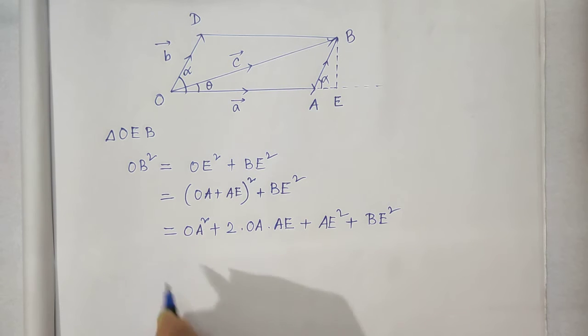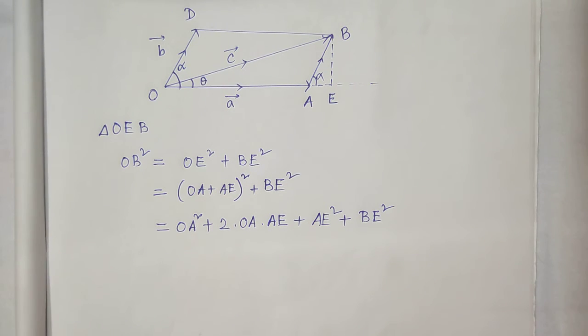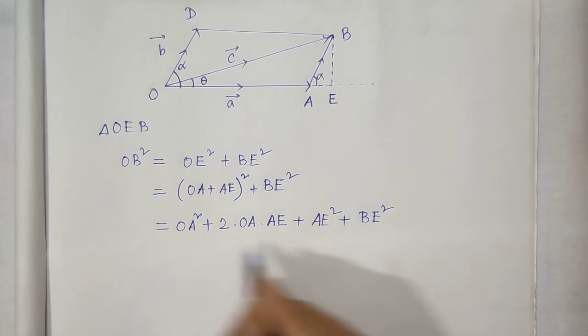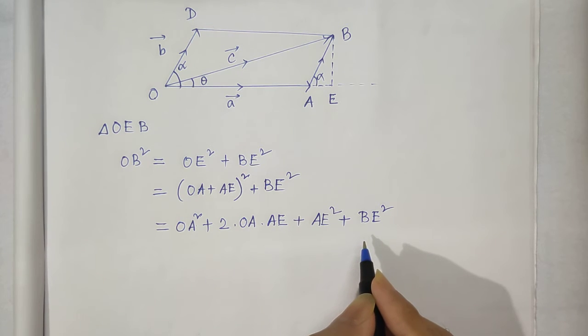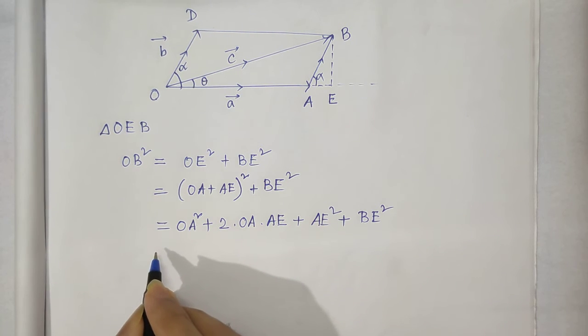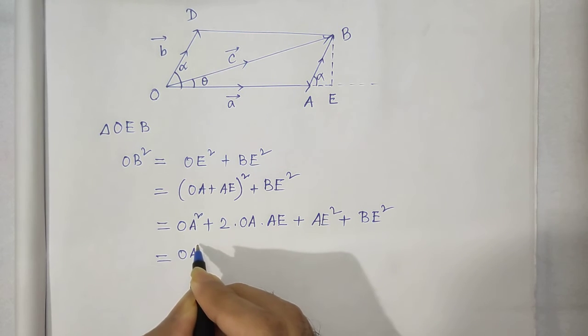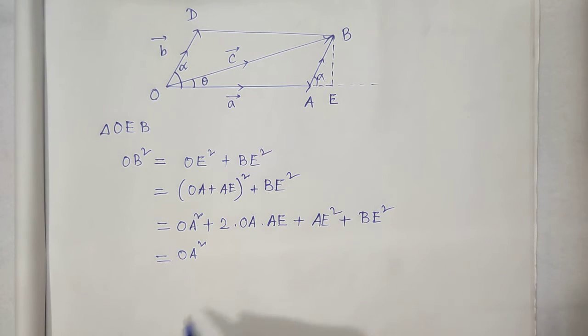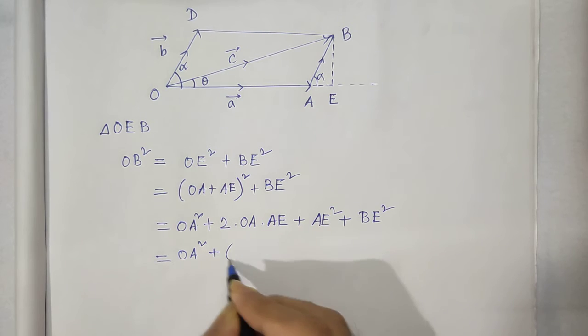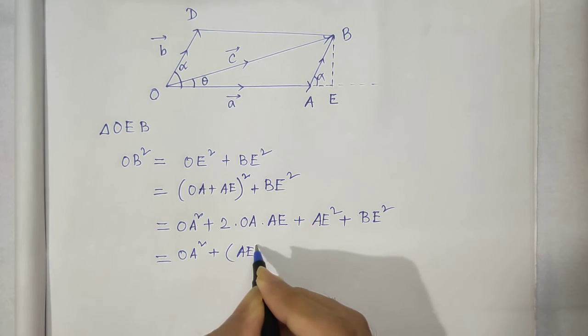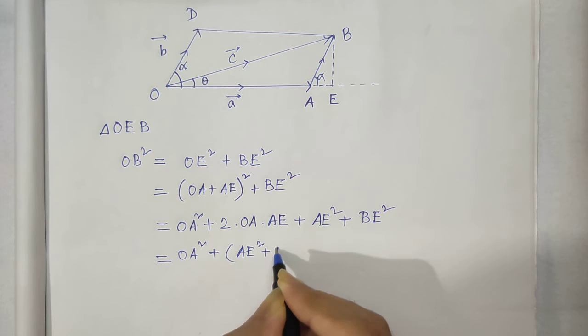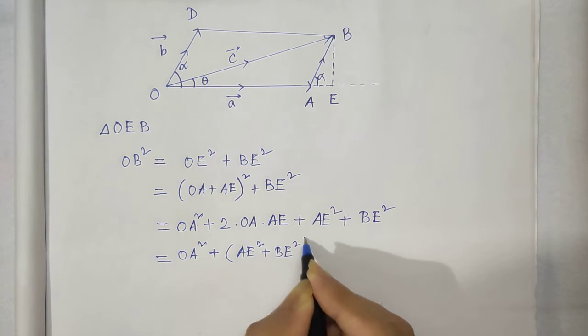Now what we can write is OA square plus AE square plus BE square.